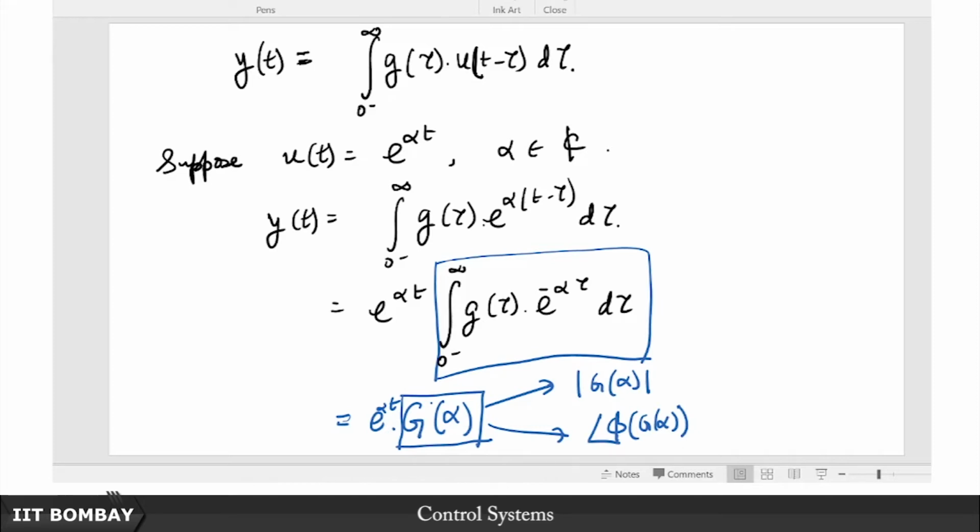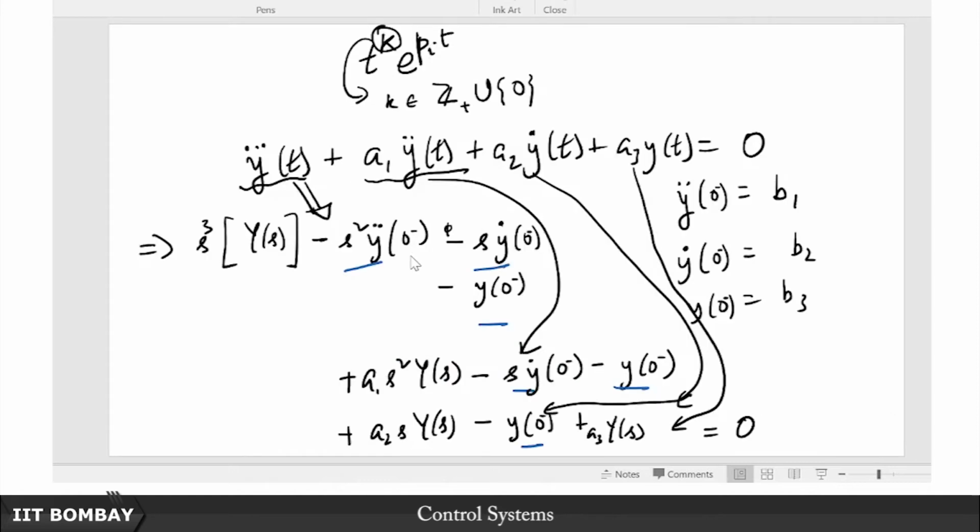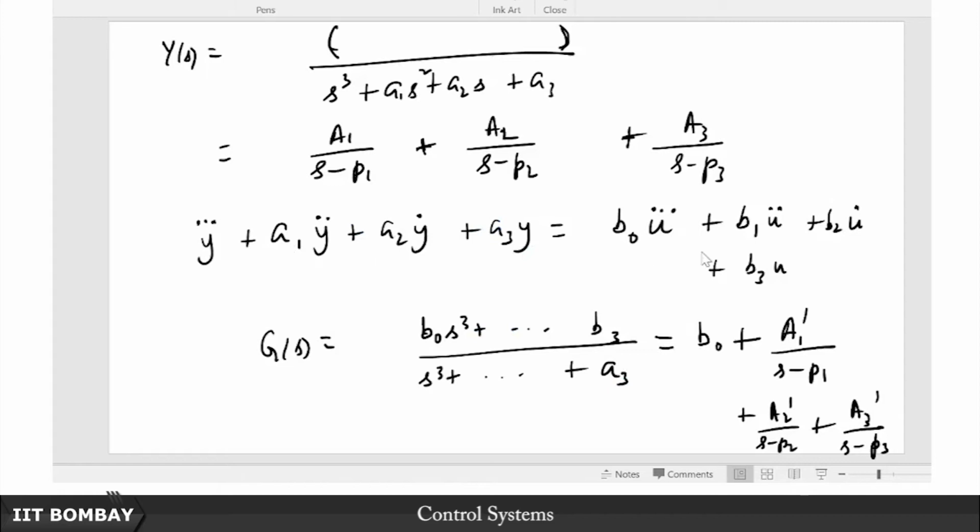Either you take directly the Laplace transform like we did in the earlier case here for instance, or for that matter for here, of course here the input was 0, so maybe the more appropriate example is here. You can take the Laplace transform on both sides and you can get the transfer function like so by setting all the initial conditions to 0, right.